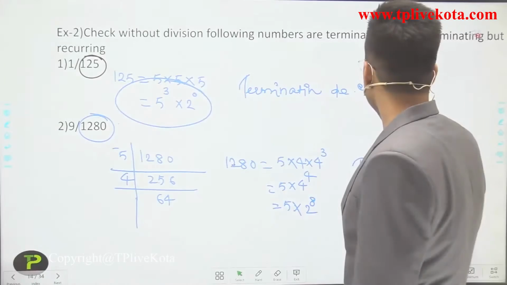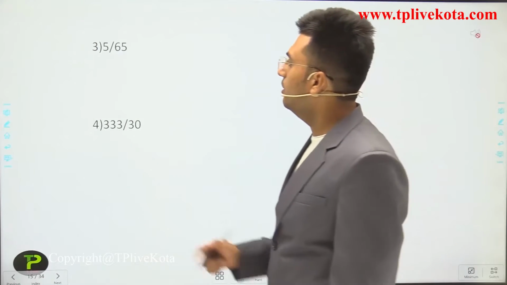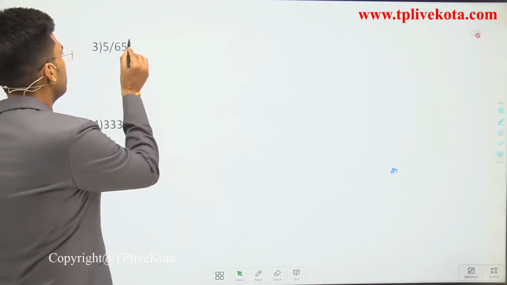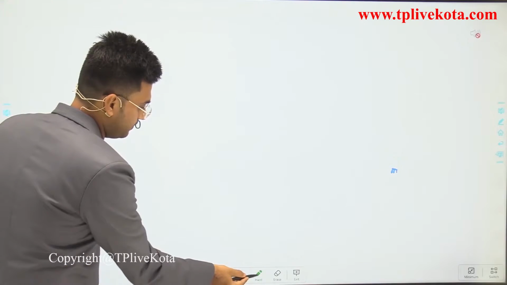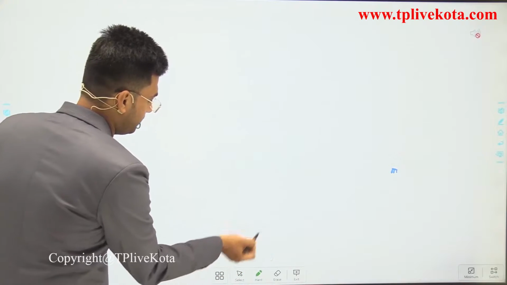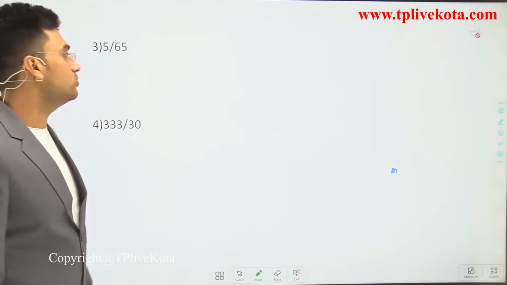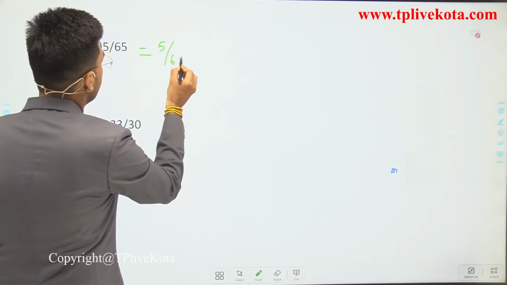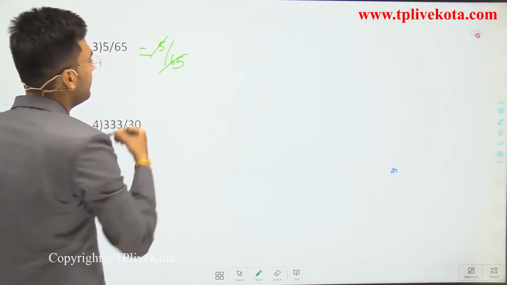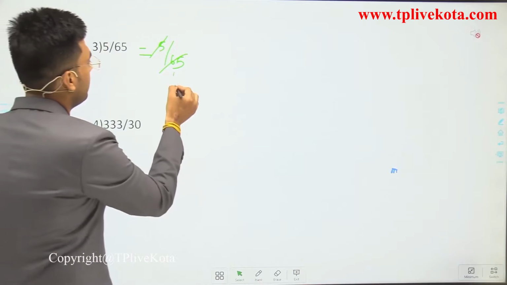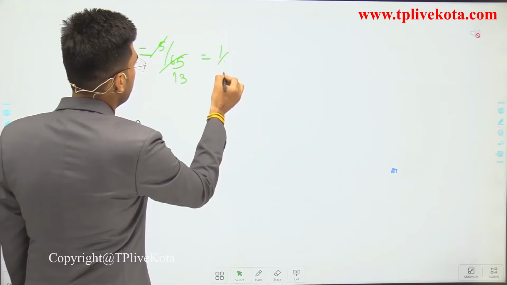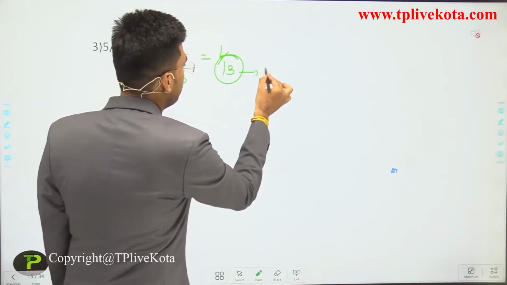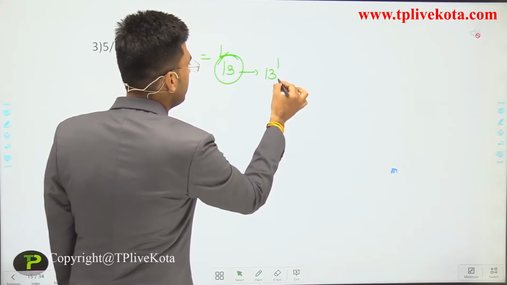Okay. Second, more examples. 5 upon 65. Here 5 upon 65 is not in the simplest form. So first of all we solve it. 5 upon 65, we can divide it by 5. So it is equal to 1 upon 13. Now the denominator is 13 and 13 is equal to only 13 power 1.